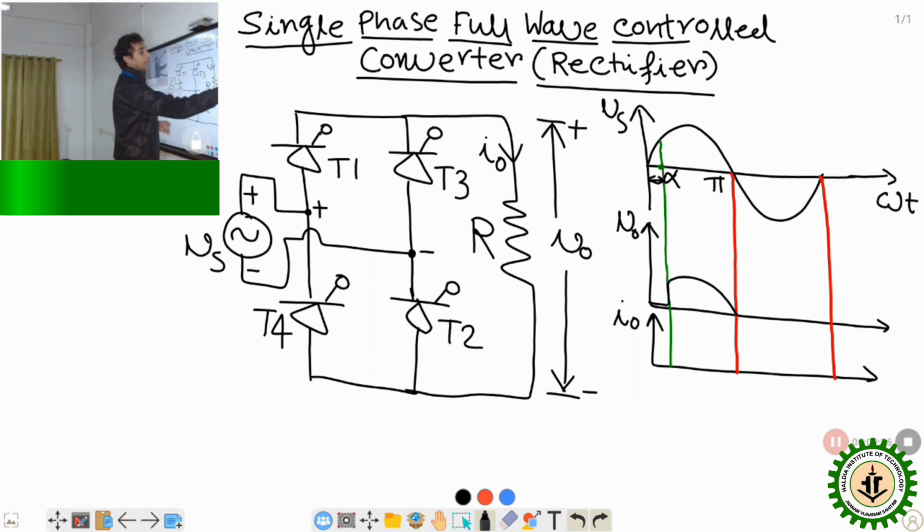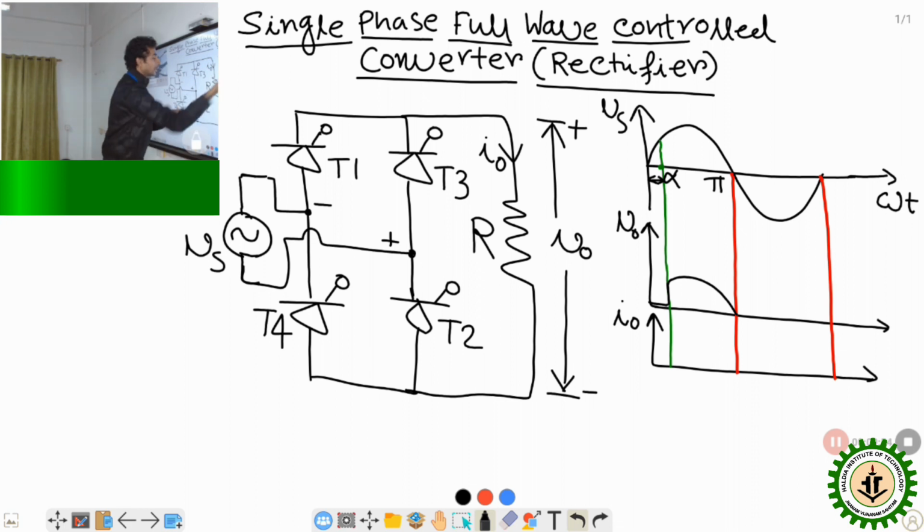After pi, what will happen? After pi, the negative half cycle will begin, and in the negative half cycle, the potential of the supply will get reversed. That means after pi, this will become minus and this will become plus.